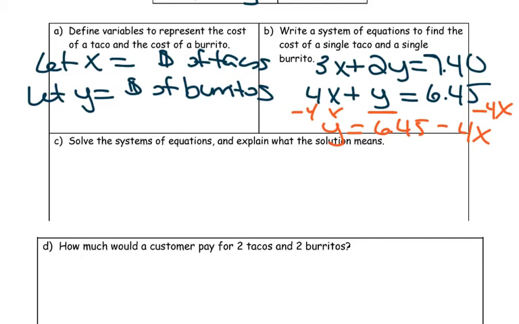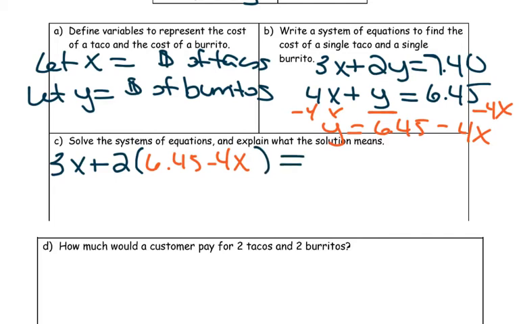Okay, so now that I substitute, I'm going to plug that back into my first equation. So 3x plus 2 times 6.45 minus 4x, and that is equal to 7.40. And then I would go ahead and simplify.